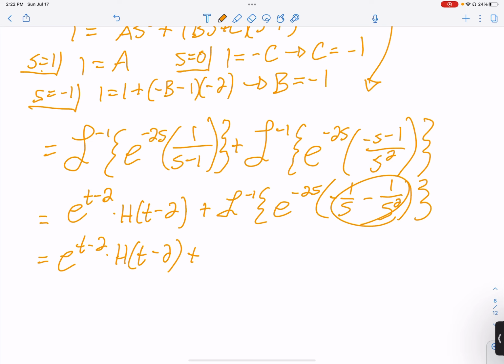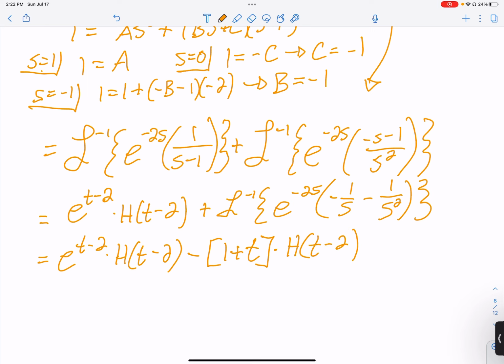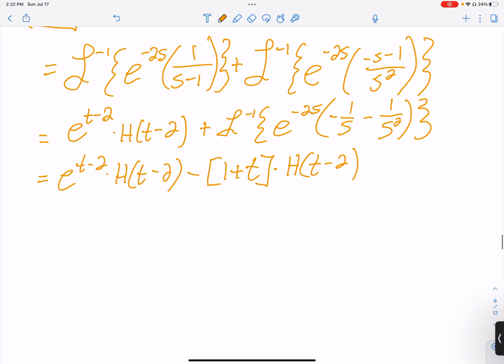That comes from here. And a minus. All right, that is the Heaviside rule. I took the inverse Laplaces of what's inside, then I did the Heaviside to account for the e. I can then also put the h's together to leave me with e to the t minus 2 minus t minus 1 times my Heaviside.